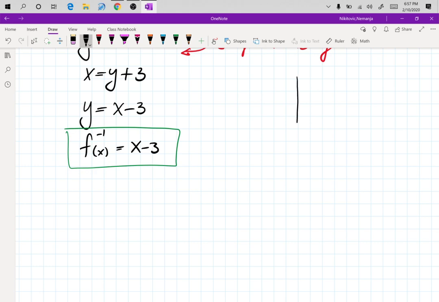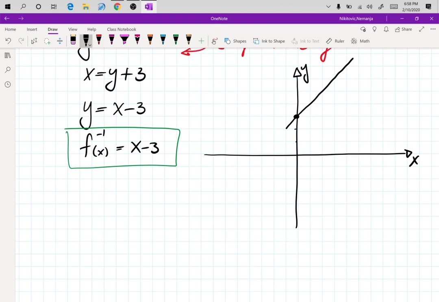So if I draw these graphs, what do I get? Well, my function is x plus 3, which means y-intercept of 3 and go 45-degree up, 45-degree down, like that, and that's my f of x.